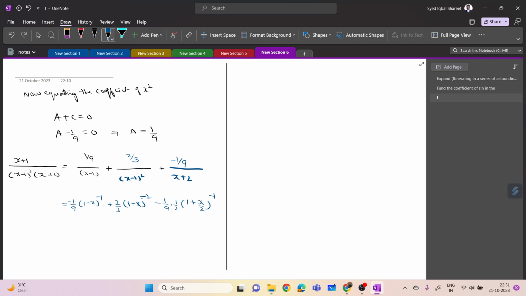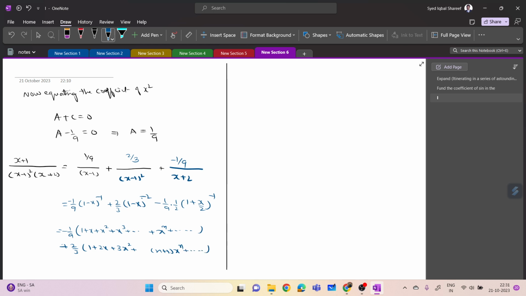So now the expansion. Minus 1 by 9. (1 minus x) to the power of minus 1 is 1 plus x plus x square plus x cube, and so on, x to the power of n. Then 2 by 3, where power 2 is there, so it will be 1 plus 2x plus 3x square plus 4x cube, and so on, (n plus 1) x to the power of n.